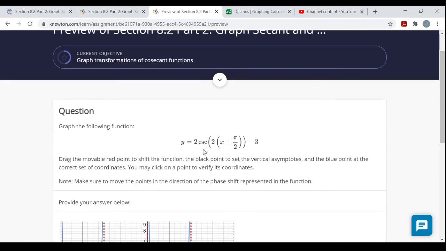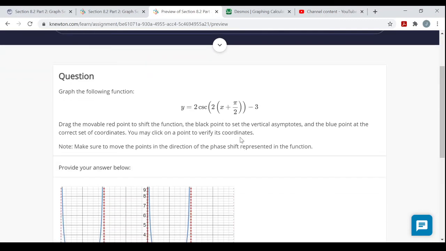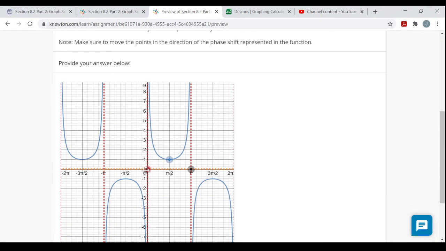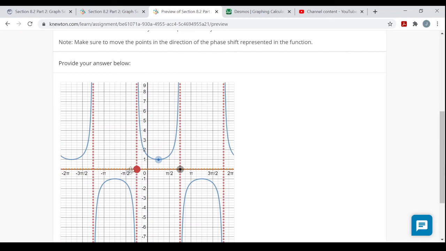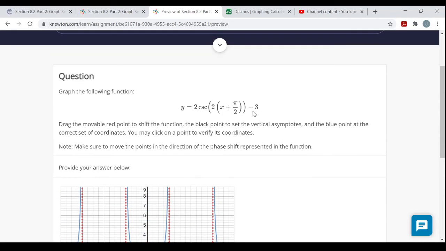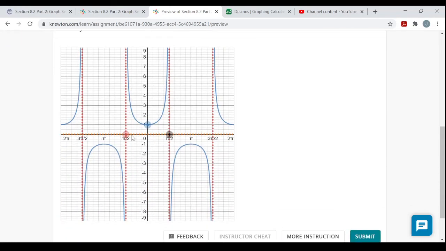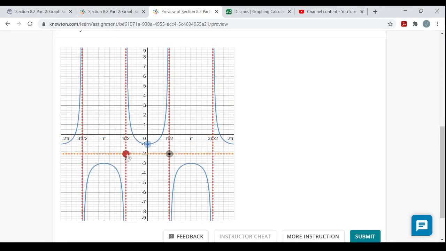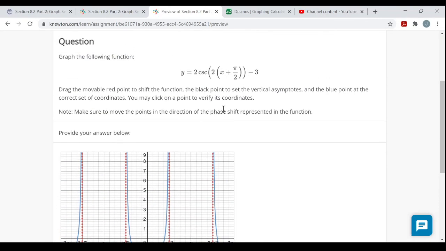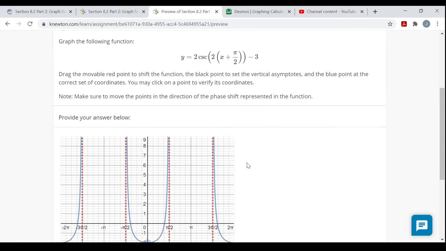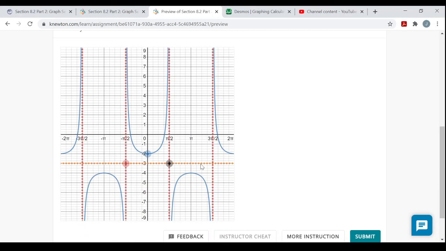Again, this is similar where the phase shift is at negative pi over 2, so I move this red dot over to negative pi over 2, move it down 3, so the midline's at negative 3, and then the period would be pi, right, 2 pi divided by 2, so the distance between each asymptote should be pi over 2, right?